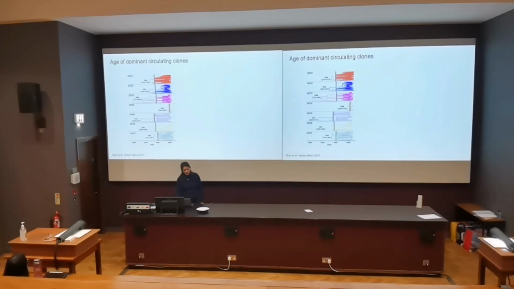The other thing that was really interesting is that when we had more isolates a few years later, we were able to do Bayesian-based dating analysis, which is where you take the trees and you use that to estimate how old these clones are. And we actually found that remarkably many of these clones had a very similar age, that we think they had a rapid expansion around the 1960s.